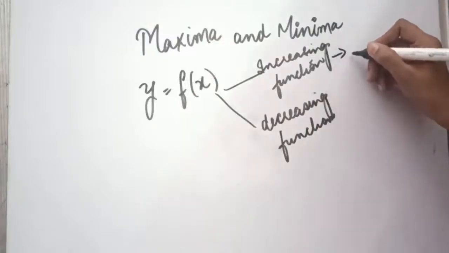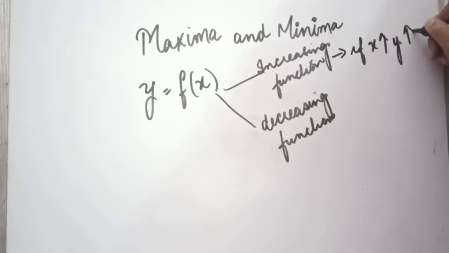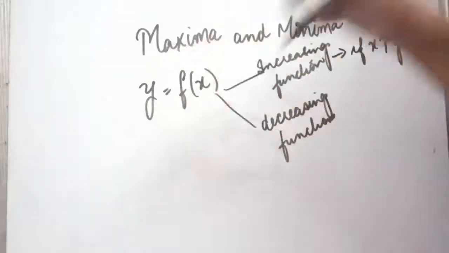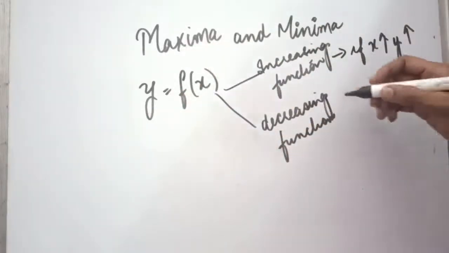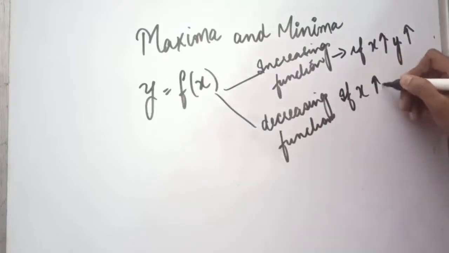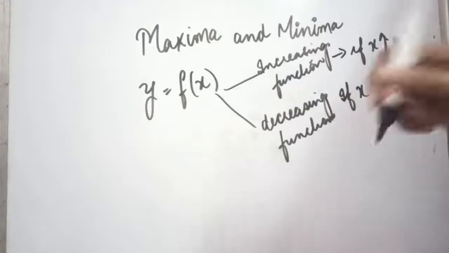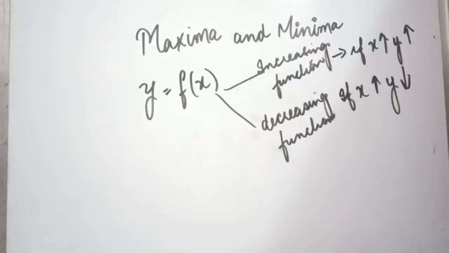For that, if x increases and y also increases, or x decreases and y also decreases, it means y is the increasing function of x. Decreasing function means if x increases, y decreases. In that case, we will say that y is the decreasing function of x.